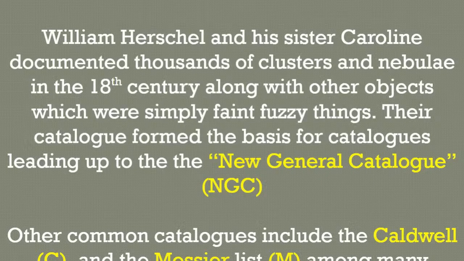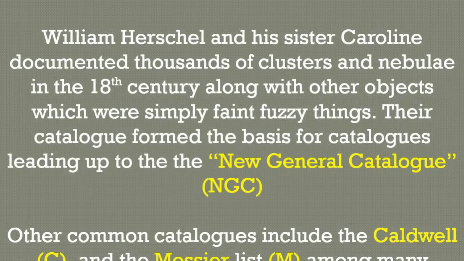There have been a lot of different catalogs, and of course, one of the earliest ones was with William Herschel, back in the 18th century. So in the 1700s, they simply cataloged the locations of things in the sky, and that led up to the New General Catalog, which contains thousands, maybe 10, 15,000, I don't know how many.